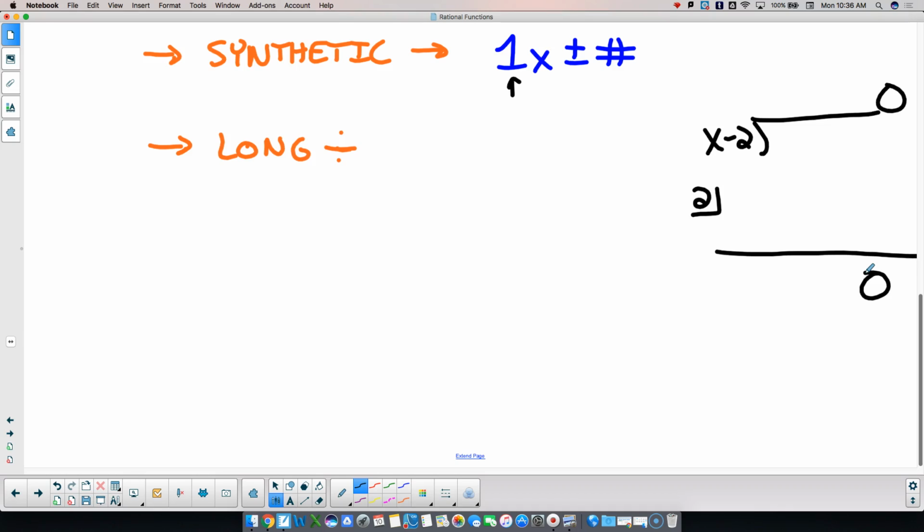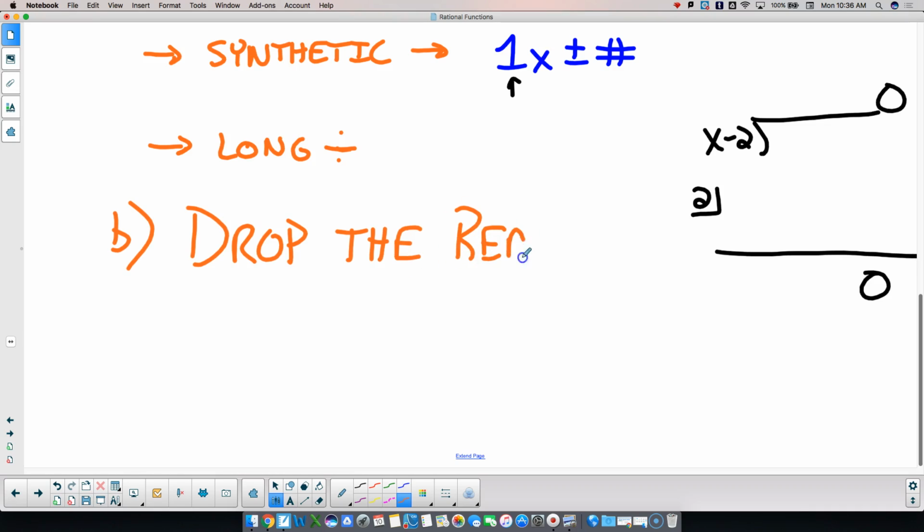And the nice thing about always getting a remainder is that we are going to instantly drop it. If you don't get a remainder, you've done something wrong, so back yourself up a couple of steps. But you should get a remainder there, and you're going to just drop it.